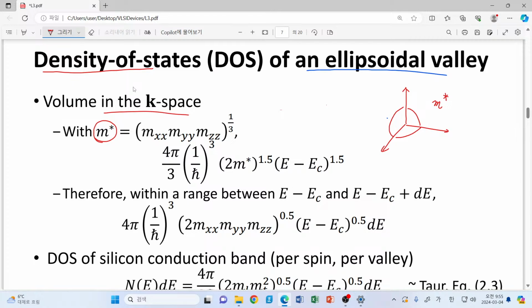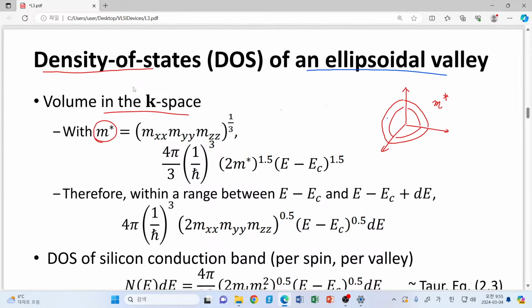Then we can find a calculation like two different spheres and the shell obtained from them, and you can easily find that this is the volume of your shell.